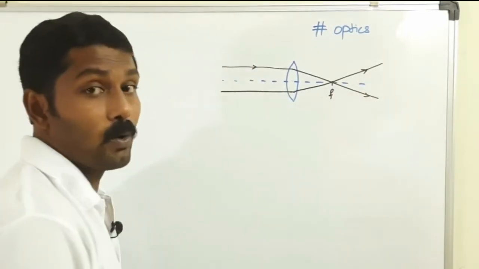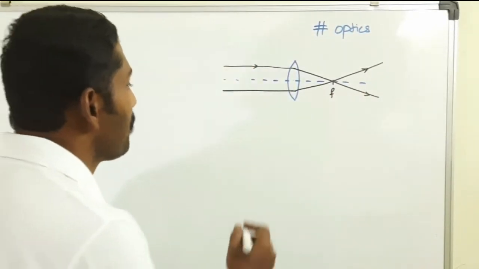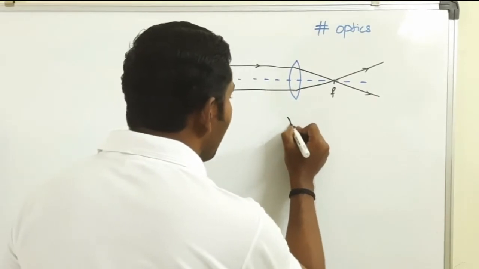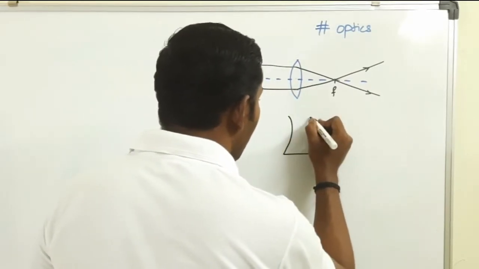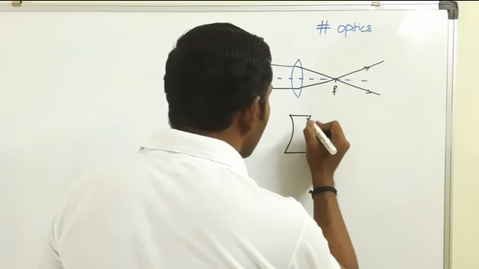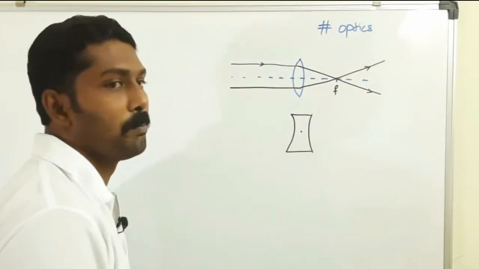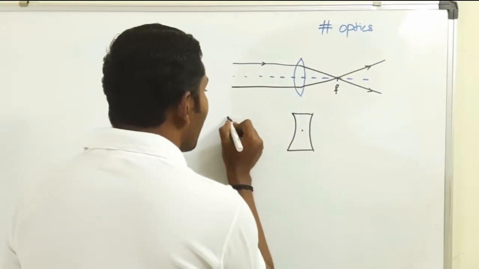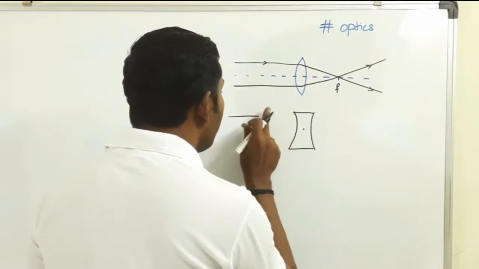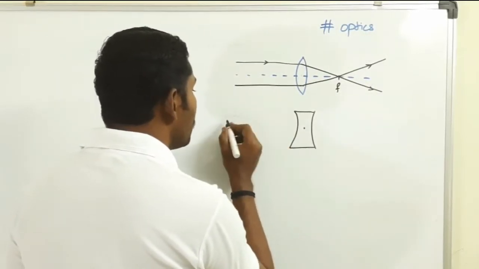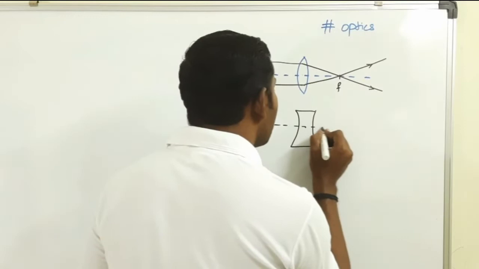What about a concave lens? If I draw a concave lens, how will the ray of light behave? Let's draw the principal axis as well.